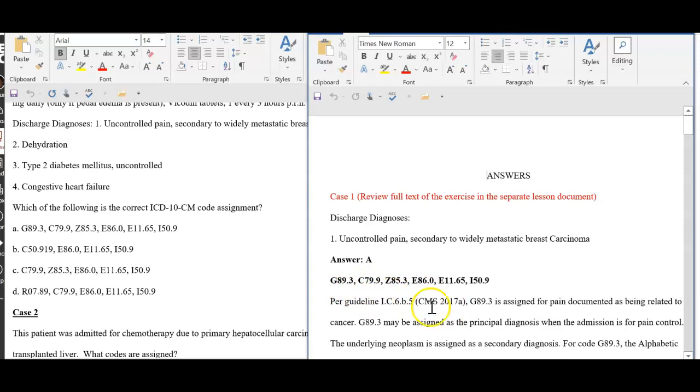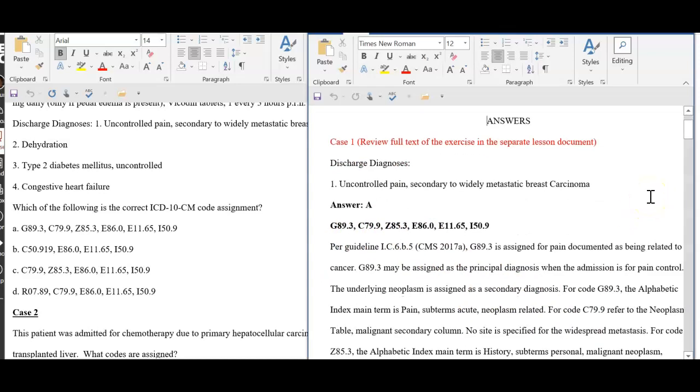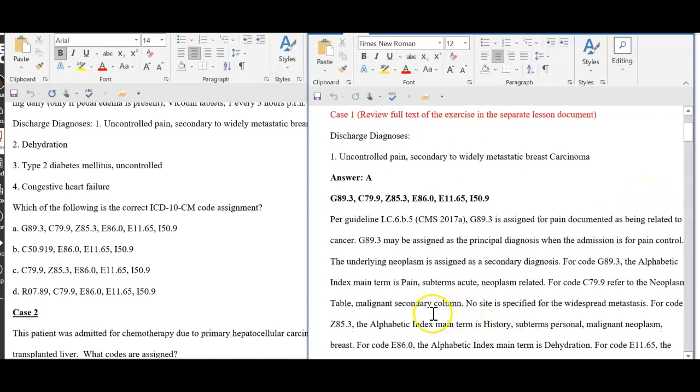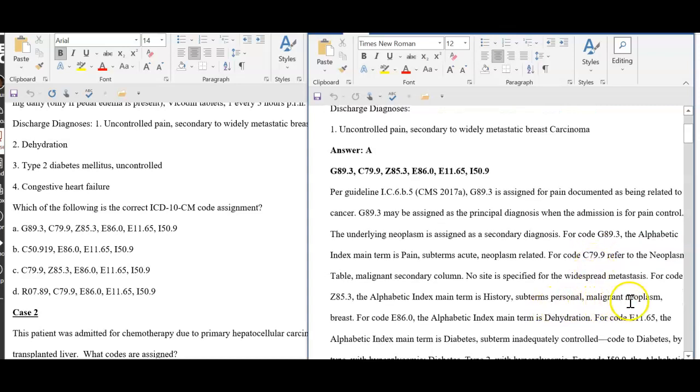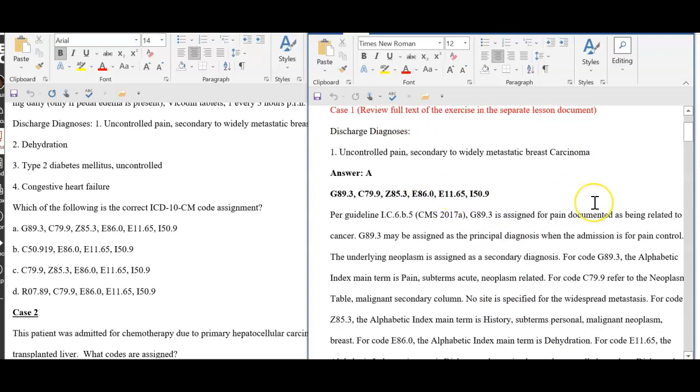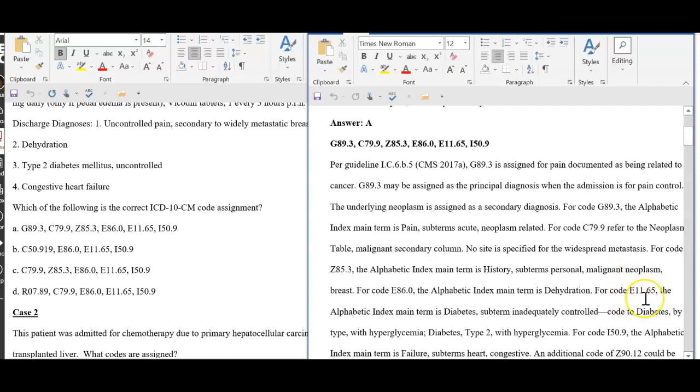And then we're going to have our C79.8, that is the malignant secondary column. We also have the Z85.3. This is history, personal malignant neoplasm of the breast. We also have dehydration, which we're going to code, and we're going to have diabetes.